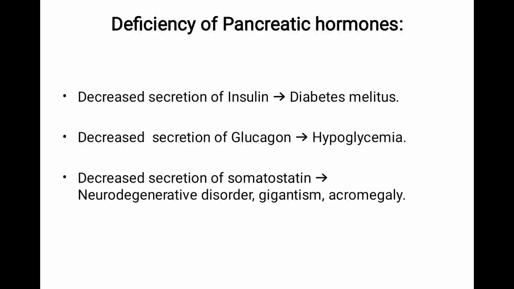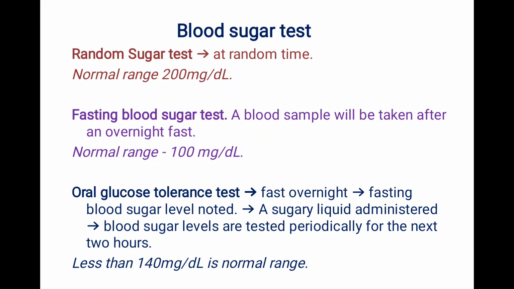And a decrease in the secretion of somatostatin induces neurodegenerative disorders, gigantism and acromegaly. These are the disorders caused due to deficiency of the pancreatic hormones.